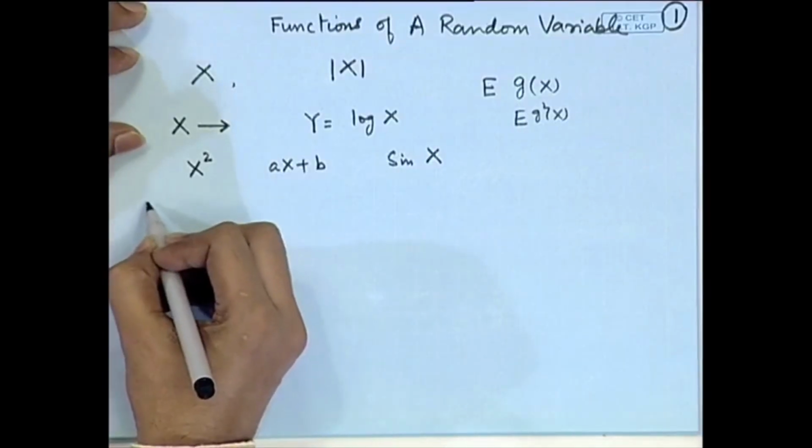Recall that the definition of a random variable says that a random variable is a real valued measurable function defined on the sample space. Therefore, if g is also a measurable function on the real line, then Y equal to g(X) will also be a random variable. So, we start from this result.